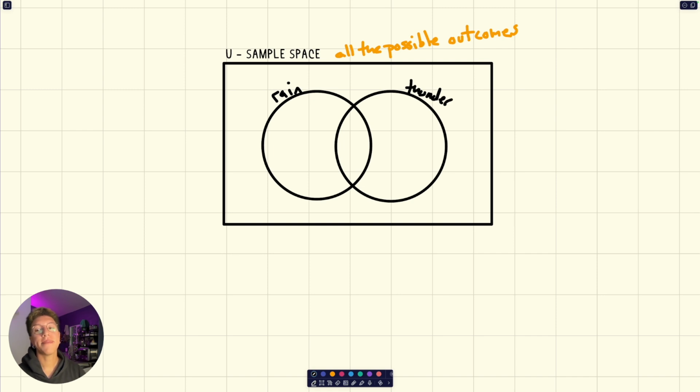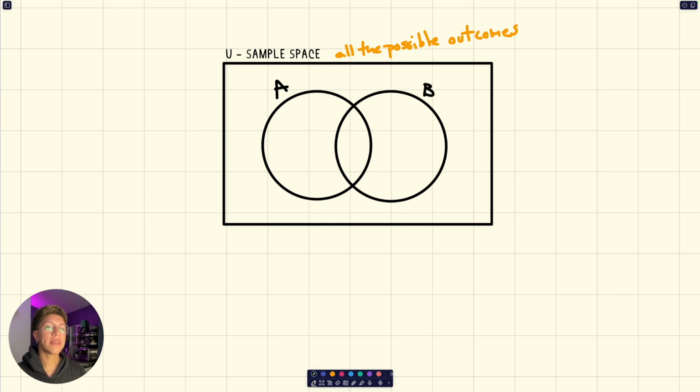Two things that could happen separately or together. They could be representative of a student population, so it could be looking at students who study maybe math and history. And we could see again, who studies just history, who studies just math, who studies both of those subjects, or neither of those subjects. But as usual with math, we'll try to keep them labeled simply, so we'll say that our first is A, and our second is B.